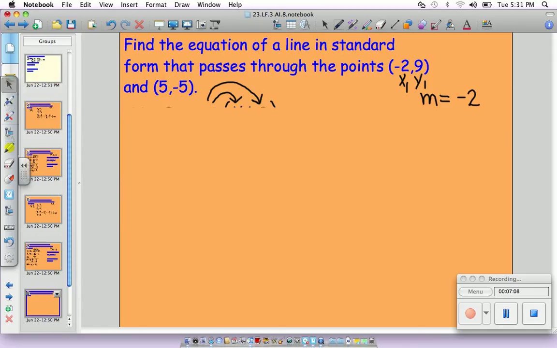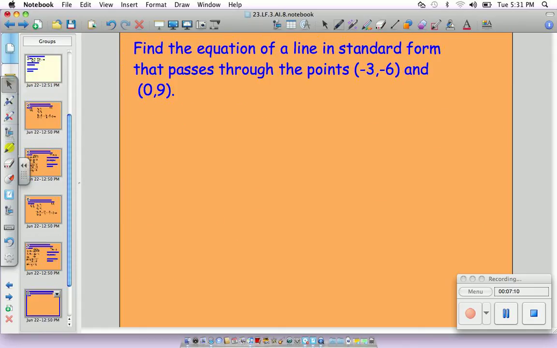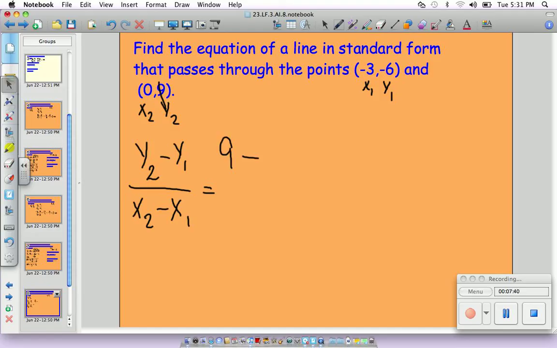Let's look at the third example. Find the equation of a line in standard form that passes through these points. First thing I'm going to do is label these x sub 1, y sub 1, x sub 2, y sub 2. And I'm going to put them in the slope formula. y2 minus y1 over x2 minus x1. So I will have 9 minus negative 6.